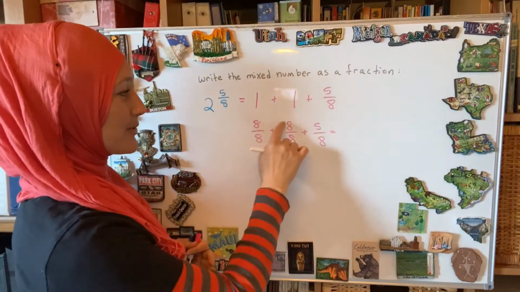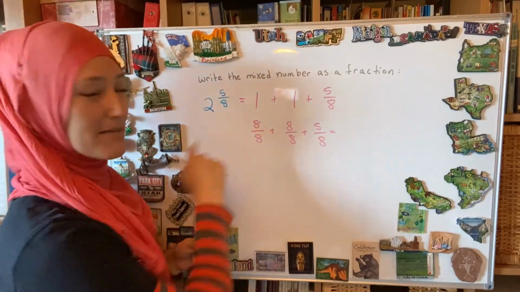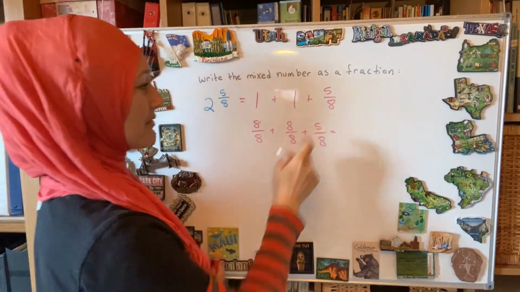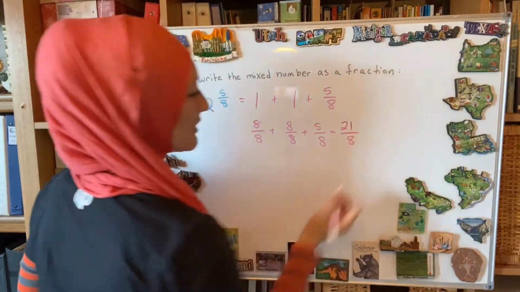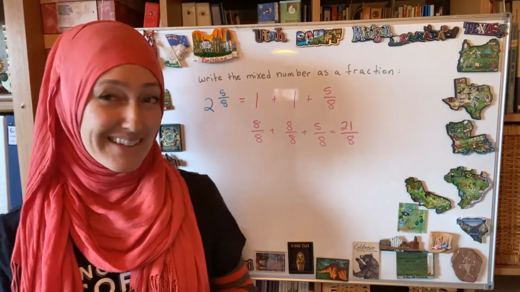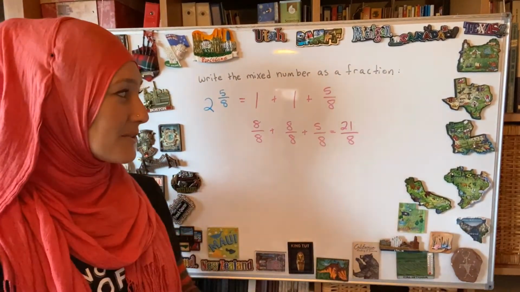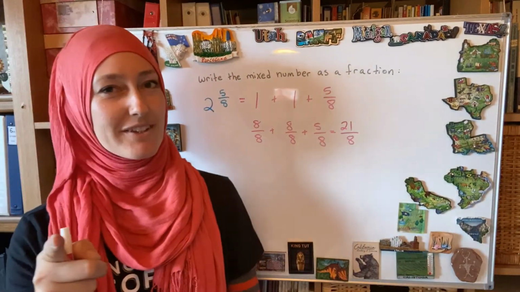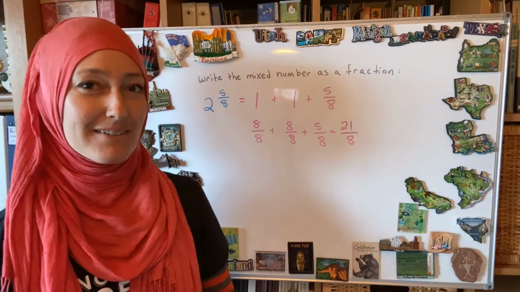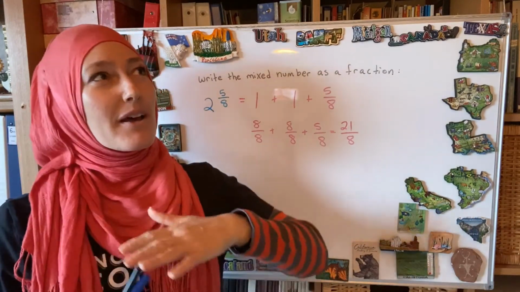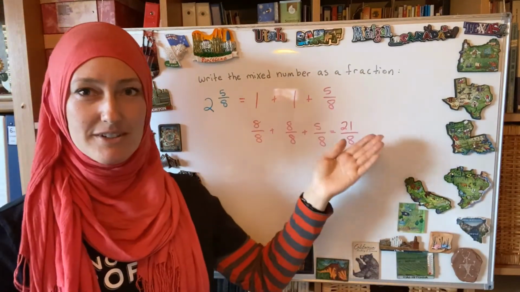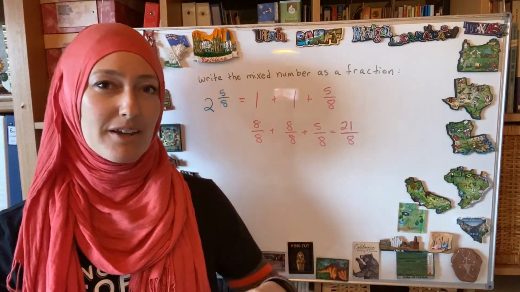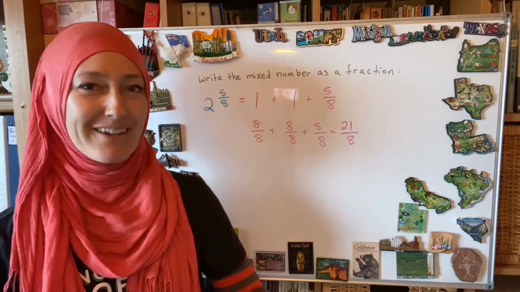So I have 2 times 8, which is 16, plus 5, which is 21, 21/8, and that's it. And pretty soon you will start seeing there is a shortcut for this, but you're going to have a very good foundation if you can break it apart first and understand really what's happening before you rely on the shortcut.